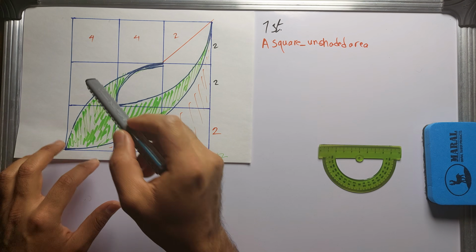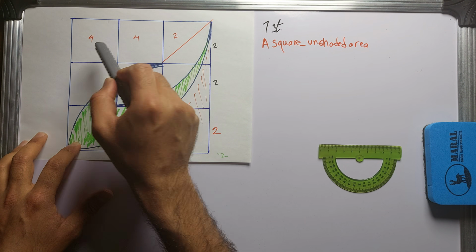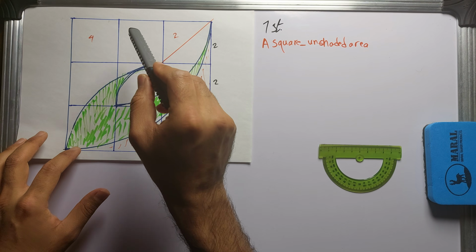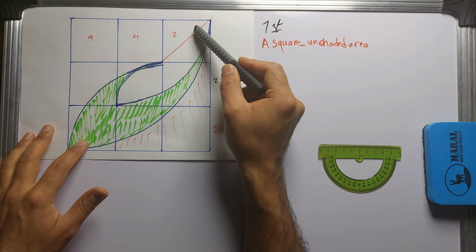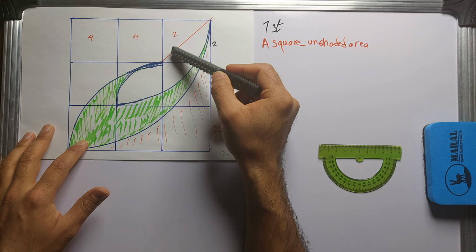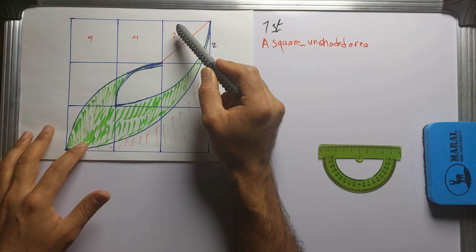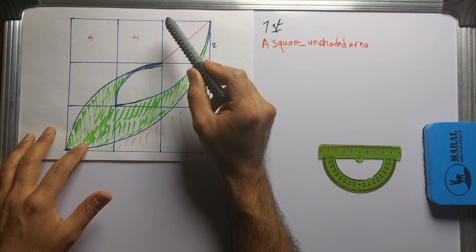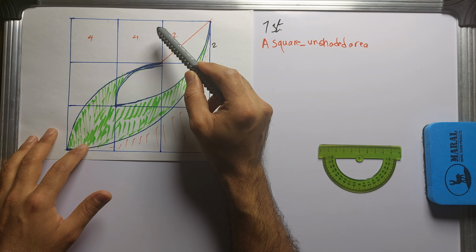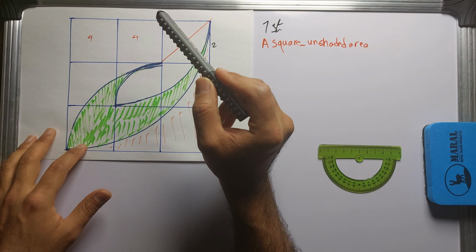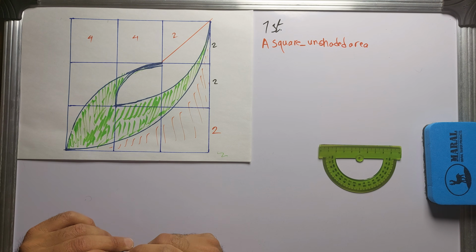We know that this part is 4 because it is 2 times 2 divided by 2, in a square here. That's another one, 4. This is a diagonal line here, that's a right-angle isosceles triangle, so the area is 2 times 2 divided by 2. So 4 divided by 2 is 2.